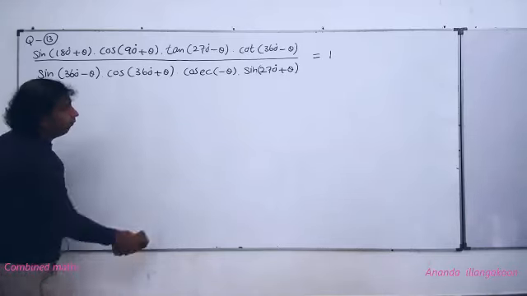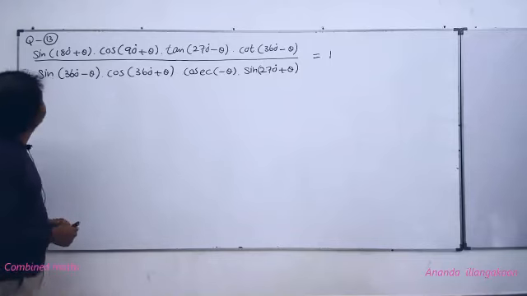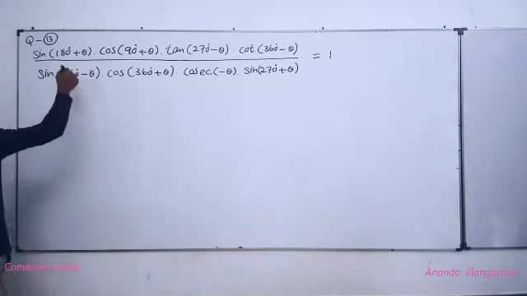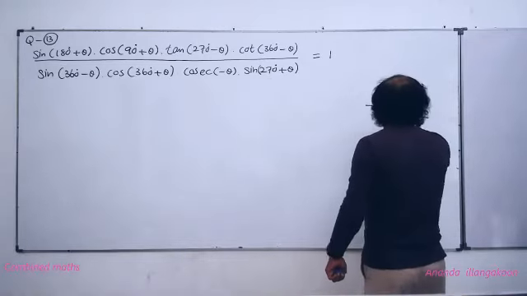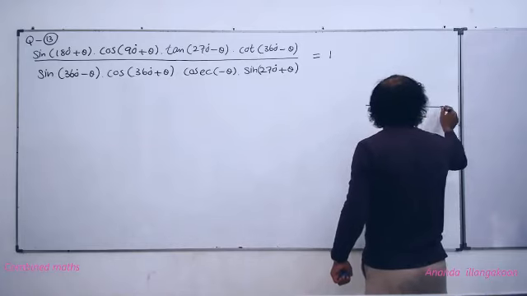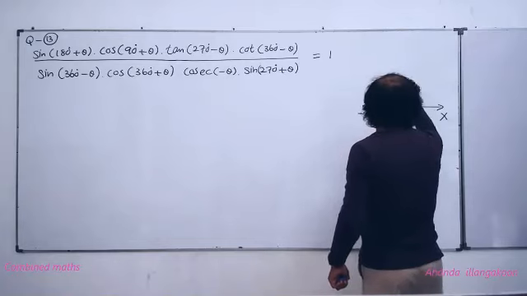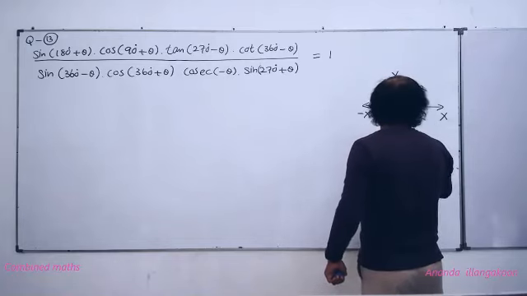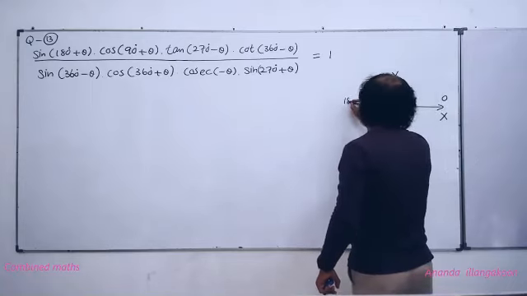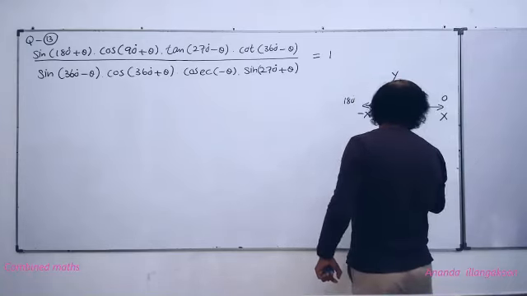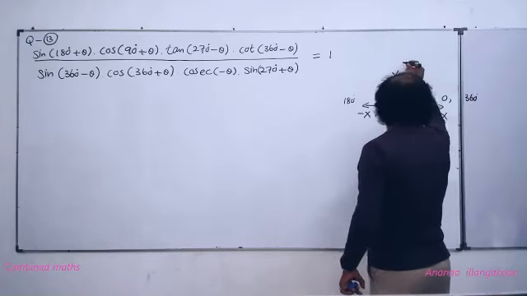Right. Now we'll substitute one by one. People, if the first angle is on the x-axis, we know the ratio doesn't change. Positive x-axis, negative x-axis, positive y-axis, negative y-axis. Here the angle is 0, here 180, here 270, and this is 360, and this is 90.